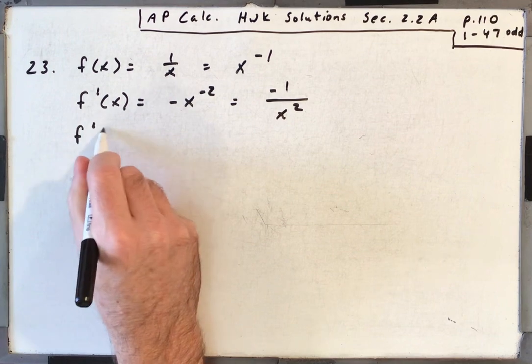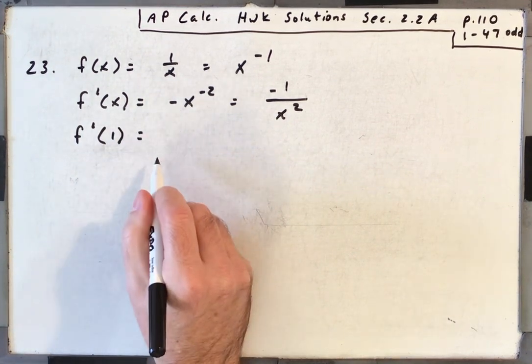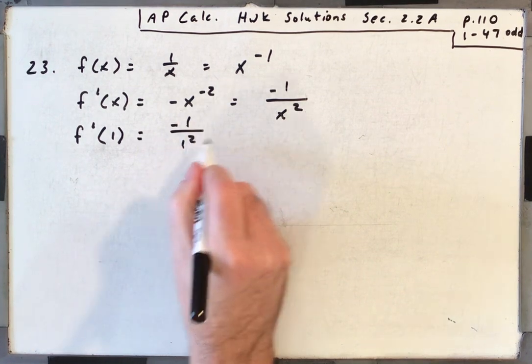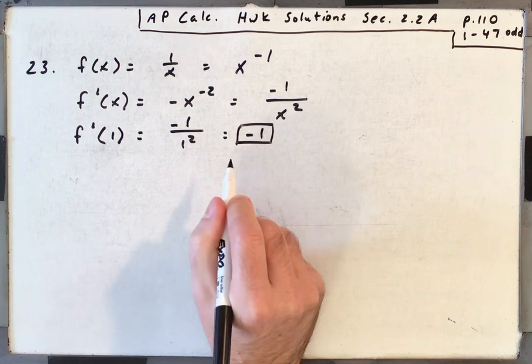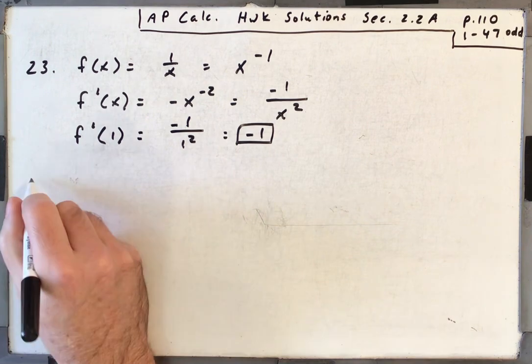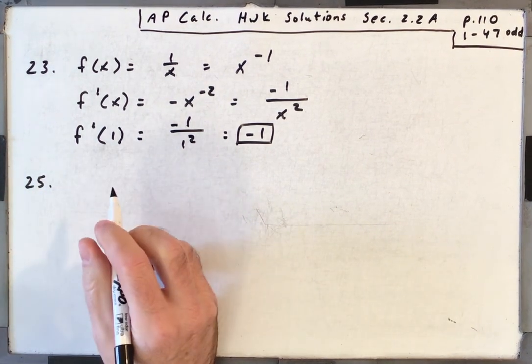So f prime, we're plugging in the x value, not the y value, so that's 1. Of course, they're both the same. That's negative 1 over 1 squared, which is negative 1. That's also the slope of the tangent line. Okay, and the value of the derivative at the indicated point.